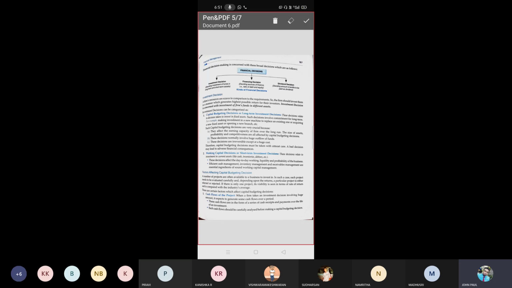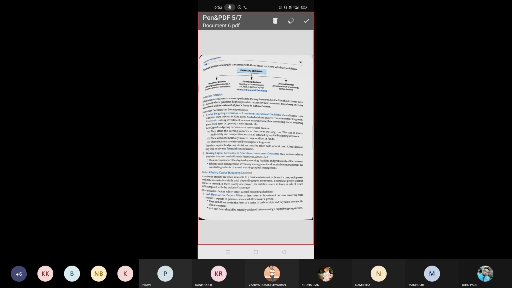Investment decisions can be categorized. The first one is capital budget decisions, which are also called long-term investment decisions. What do we mean by capital? In Tamil we call it mudhaleedu. If a person wants to start a business, he needs investment capital.